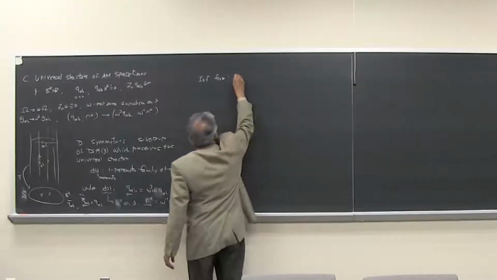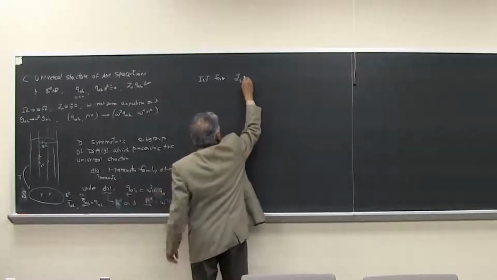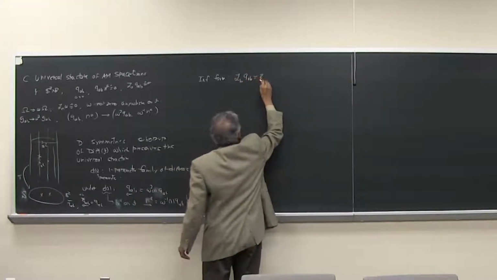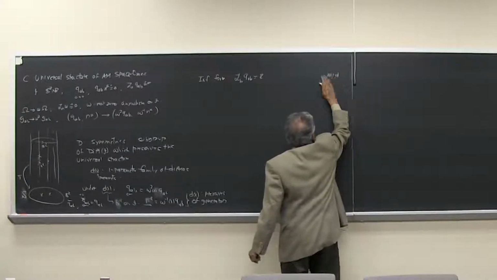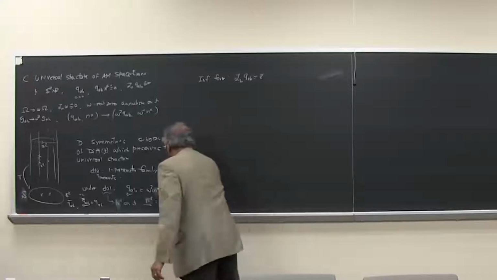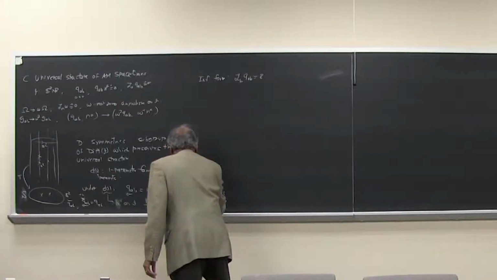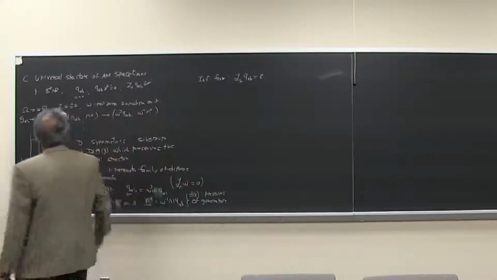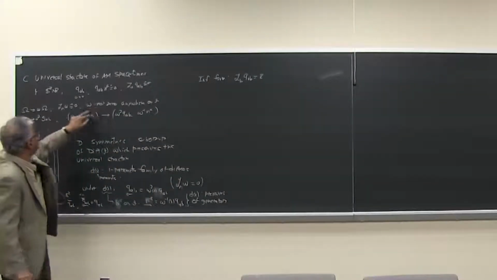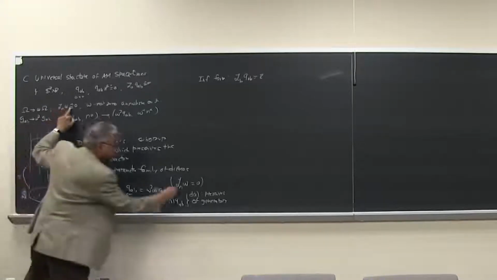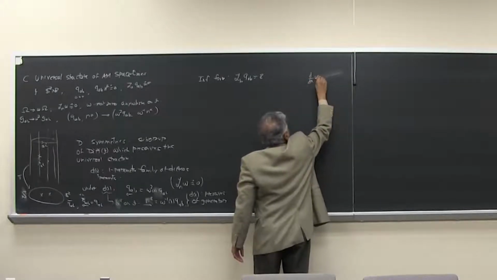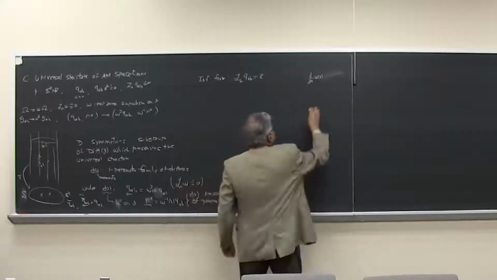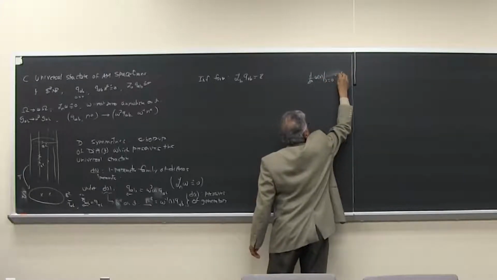So I define alpha on scri as a function of u, theta, phi. What we know is that this omega must satisfy Ln of omega equal to 0. That's the conformal freedom property. And I'm going to define d by d lambda of omega lambda, the infinitesimal change of the conformal factor, at lambda equal to 0, as alpha.